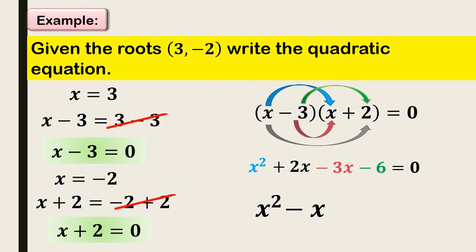So, 2x minus 3x, the answer is negative x. Copy negative 6 equals 0. So, therefore, the quadratic equation of the roots 3 and negative 2 is x squared minus x minus 6 equals 0. So that ends our lesson for today.